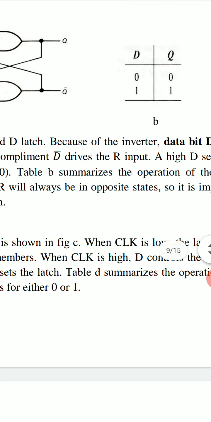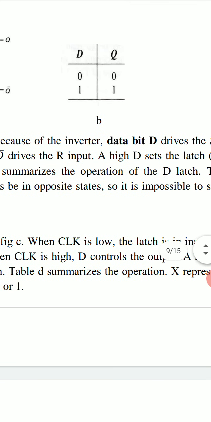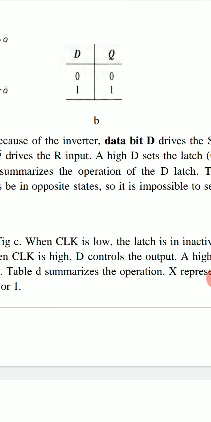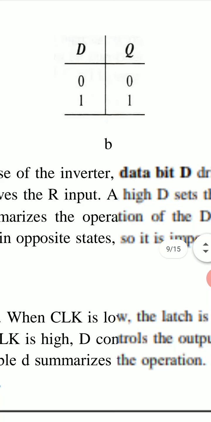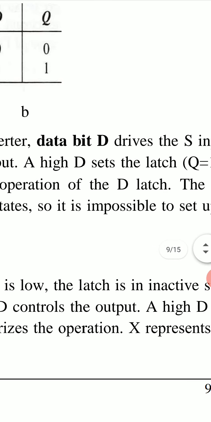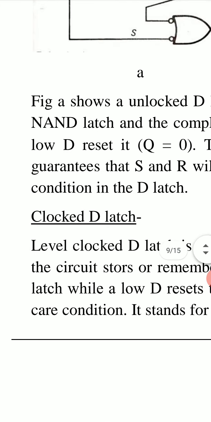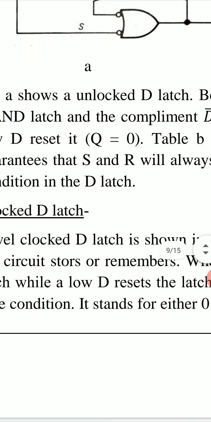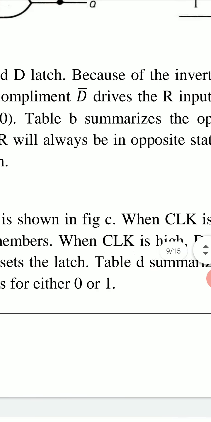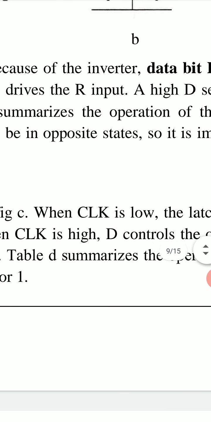This table summarizes the operation of this D latch. When D is 0, output Q is 0. When D is 1, output Q is 1. The inverter guarantees that S and R will always be in opposite states.